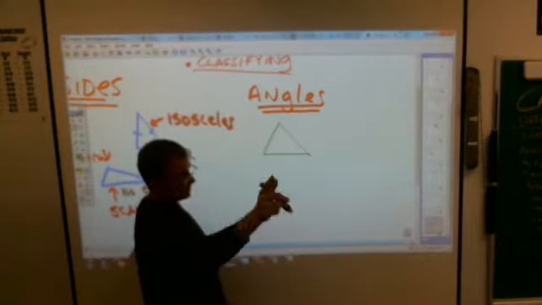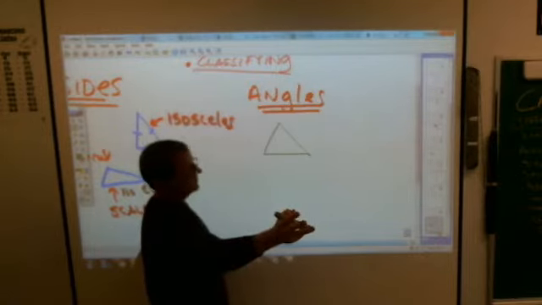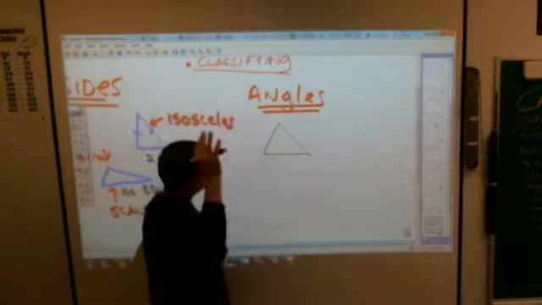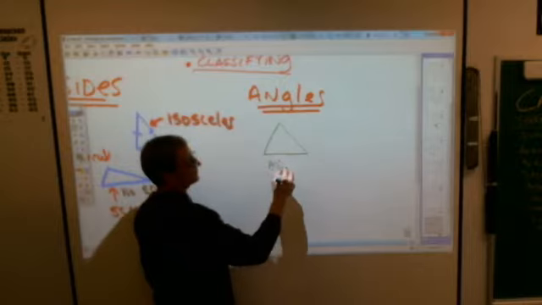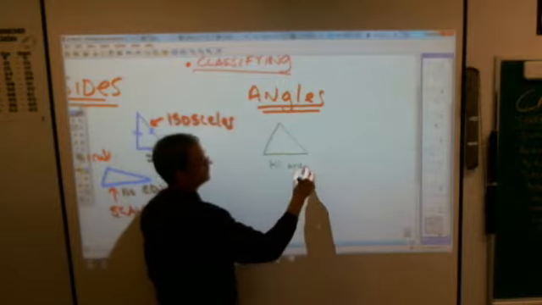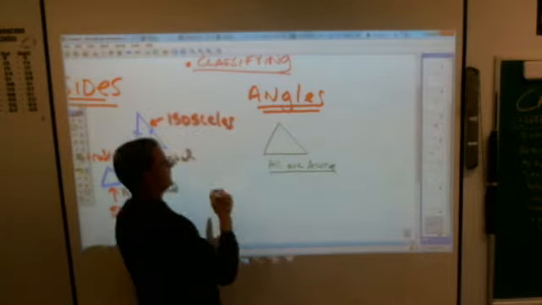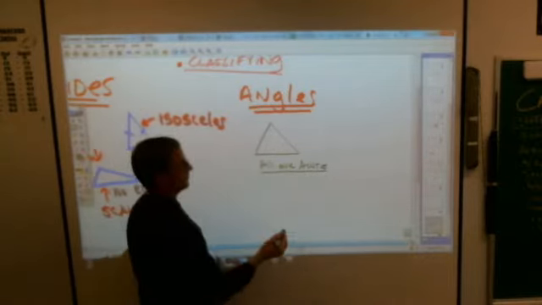We have acute, obtuse, and right. And guess what types of triangles we have? Acute, obtuse, and right. If all the angles are acute, this is an, well, let's do that. Let me draw the 3 different ones first.